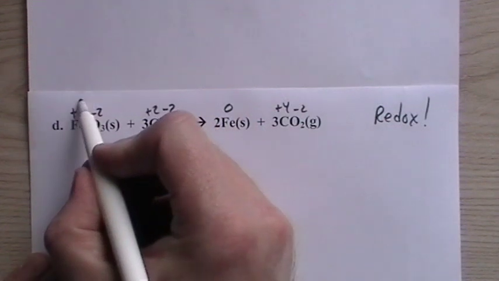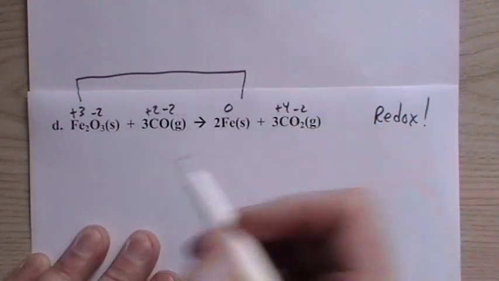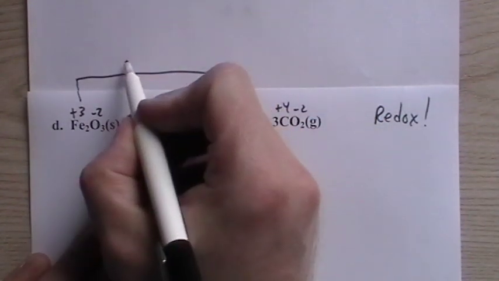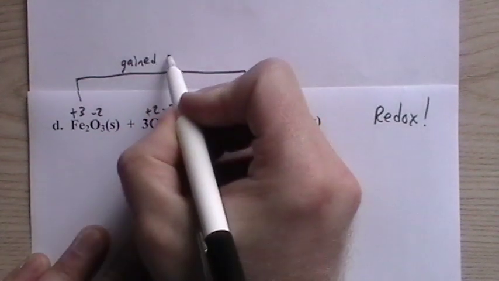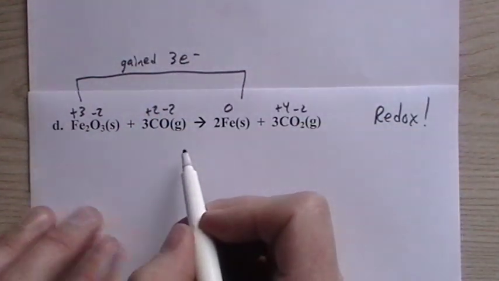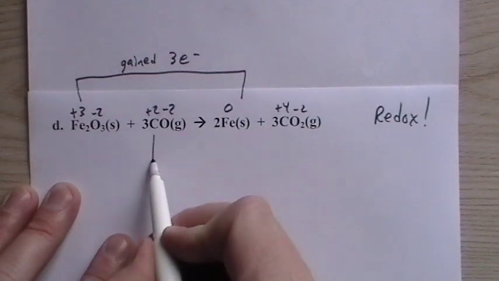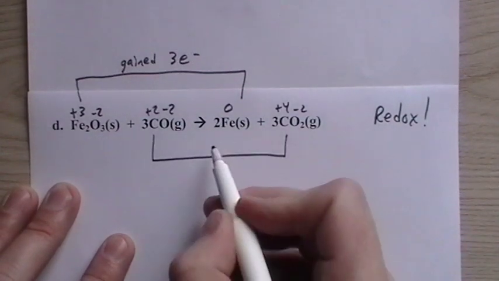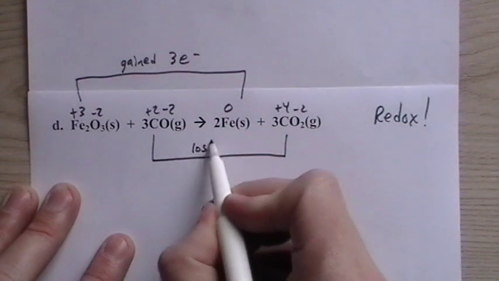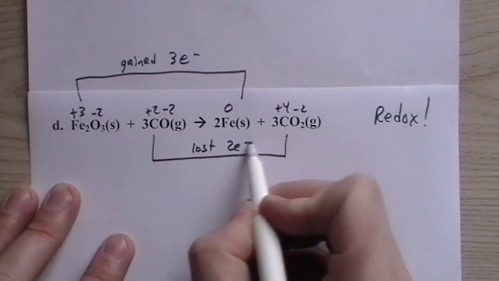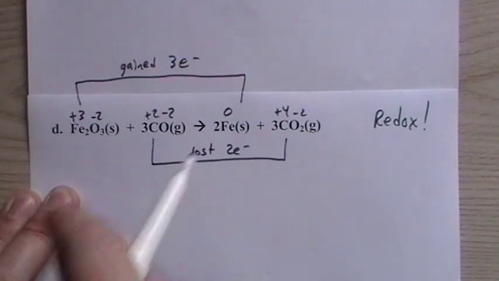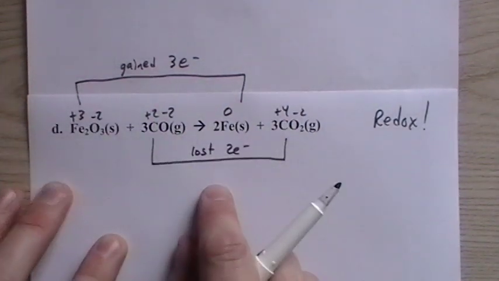Now we go on and we see iron went from +3 to 0, so it gained 3 electrons. Oxygen, nothing happened to that, but the carbon went from +2 to +4, so it lost 2 electrons. And that's how you normally do it with the brackets, just so it gained and lost.